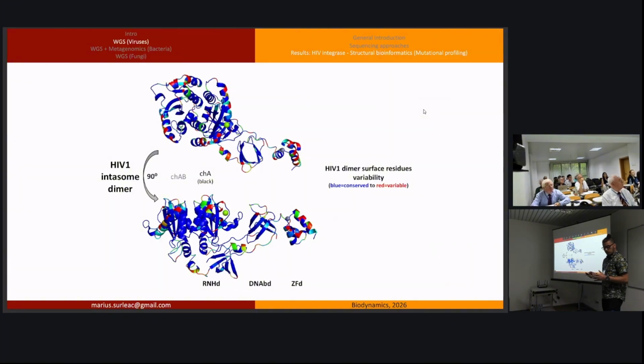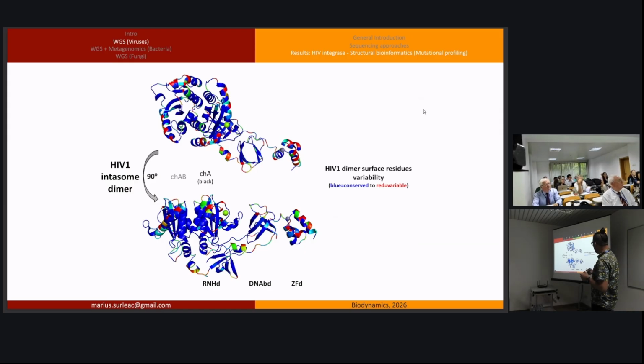But also based on the mutational profiles and the variability, we can use that information to map it on the 3D structure of the proteins. And here you have a 3D structure for the HIV integrase. With blue, you have the most conserved regions in the integrase, and with red, you have the variable parts.